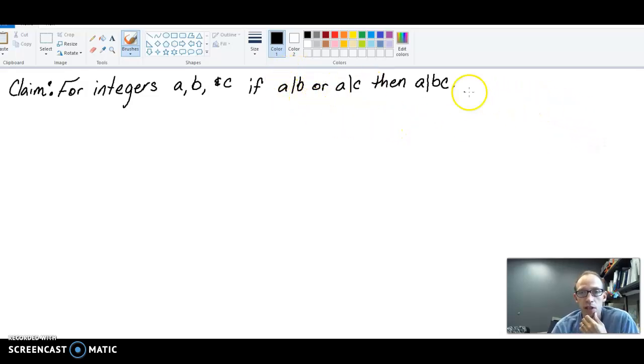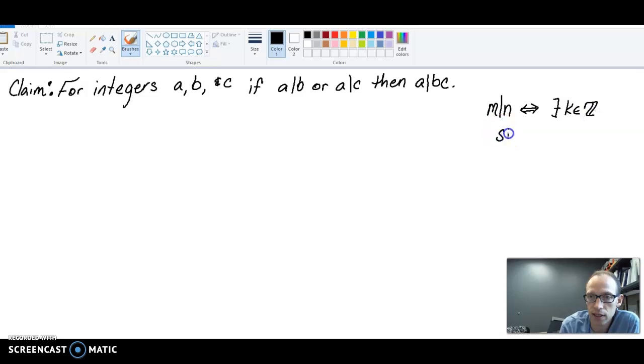So the divide symbol, we can say that m divides n if and only if there exists some integer k such that mk equals n.